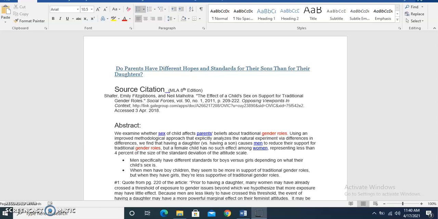So you can estimate that if it's an 8-page paper, maybe you need 16 paragraphs. You're going to have an intro paragraph and a conclusion paragraph, so that number is probably going to drop down to about 14 or so paragraphs where you're bringing in content, right?